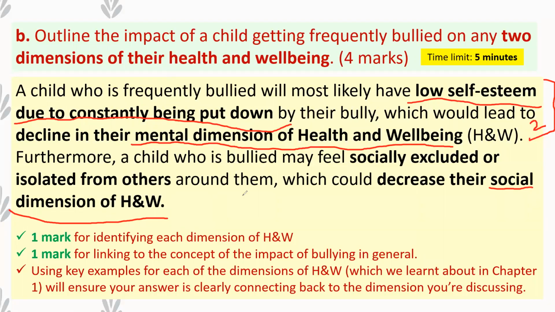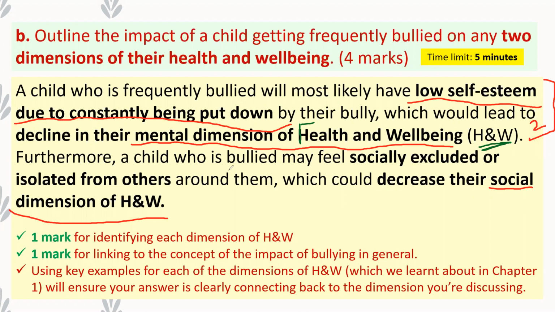Rather than writing health and well-being every time, you write it fully the first time, and then thereafter, you don't have to use the full word. You can just use the abbreviation. As long as you write the full word the first time in your answer, afterwards you can just keep using the abbreviation from there. Okay, so 1 mark for identifying each dimension of health and well-being. So social and mental is what I've done, but you could have chosen any of the others. And 1 mark for linking to the concept of the impact of bullying in general.